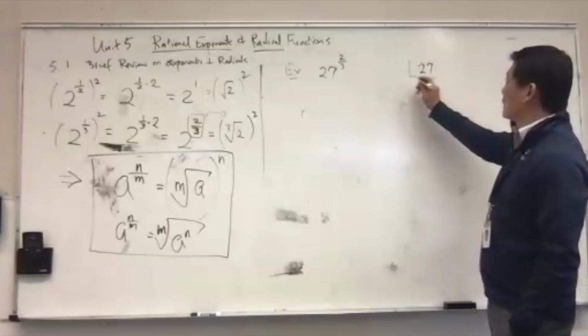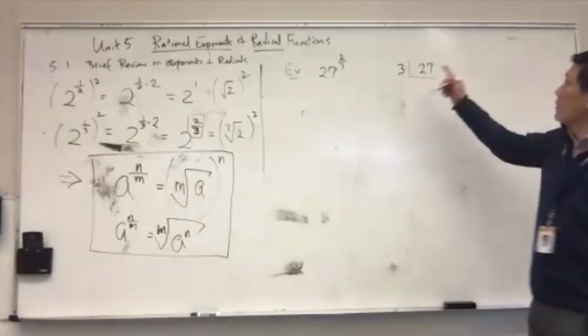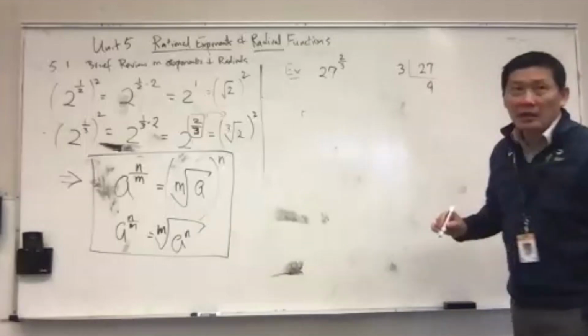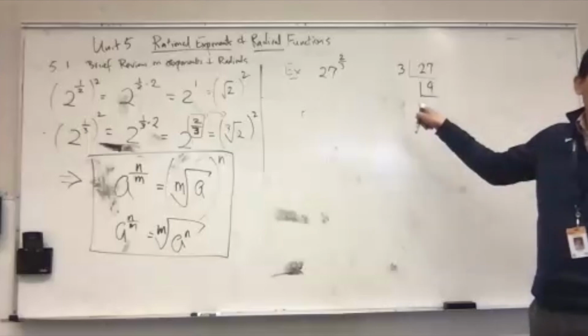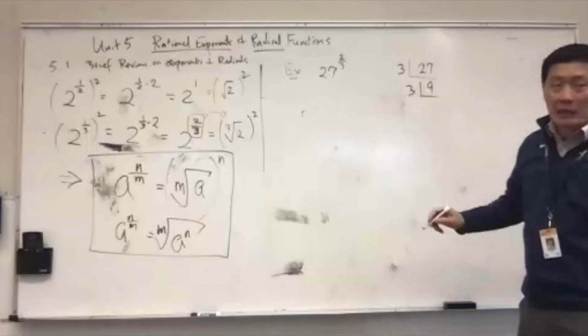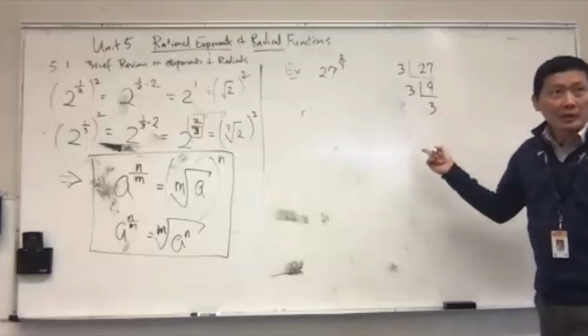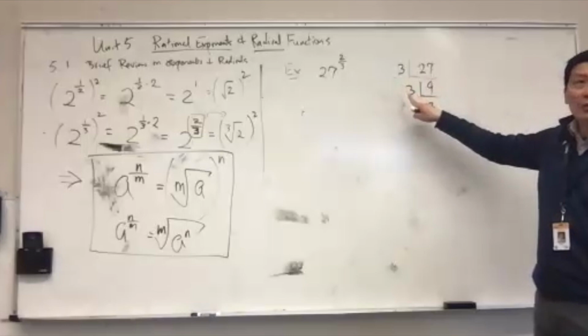The smallest factor I can think of is 3, right? 27 divided by 3, I get 9. I repeat on the 9 again, and ask what smallest factor I can divide 9 by? Okay, 3 again, and finally the answer is 3. So that means 27 can be broken down into 3 times 3 times 3.